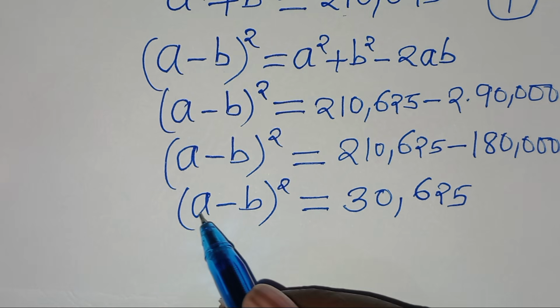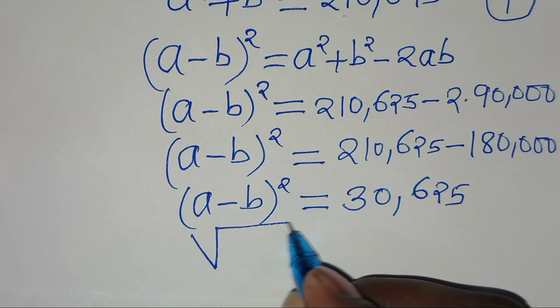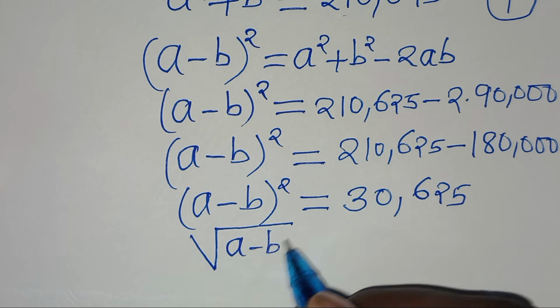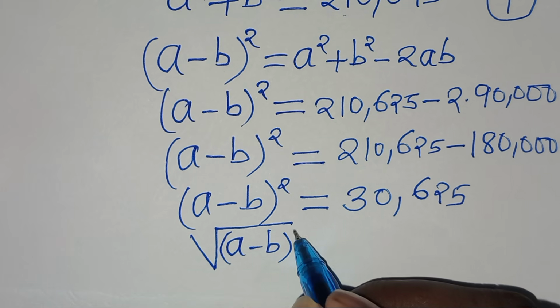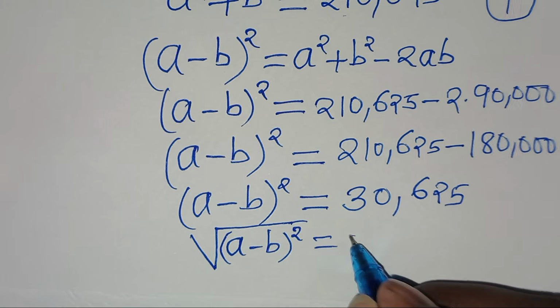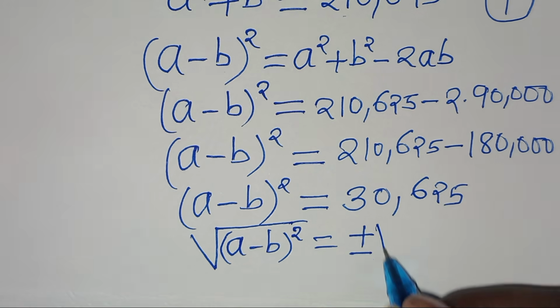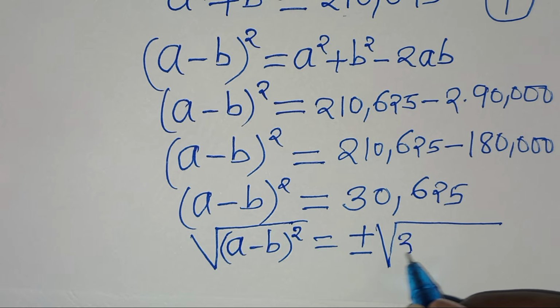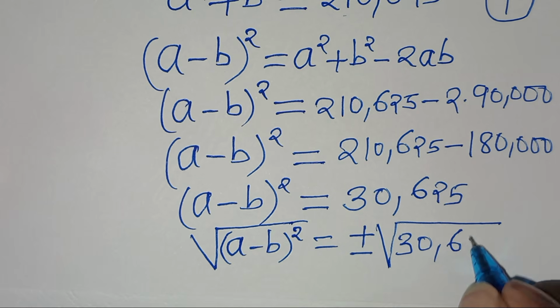To solve for the value of a minus b, let's introduce a square root on both sides, so that we have the square root of a minus b to the power of 2 equal to plus or minus the square root of 30,625.